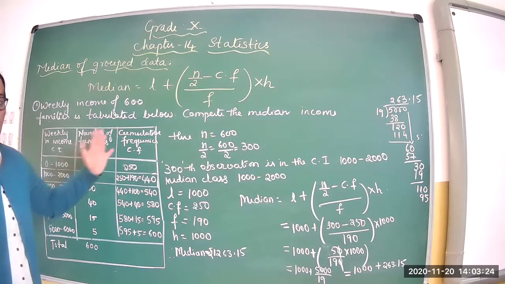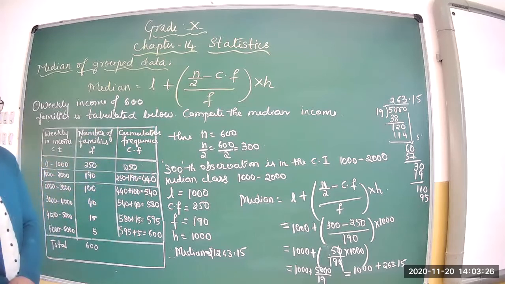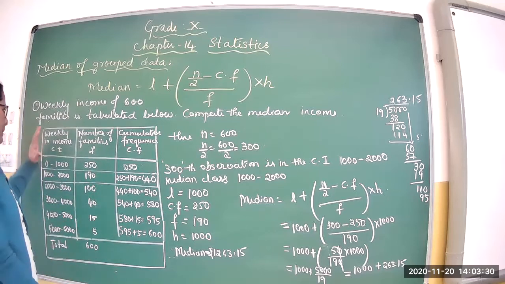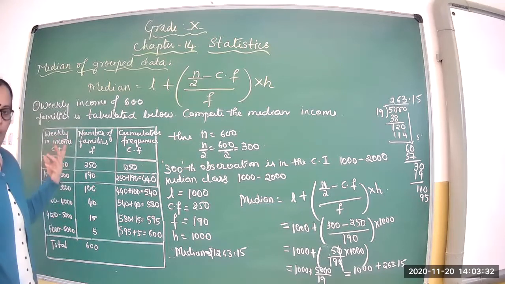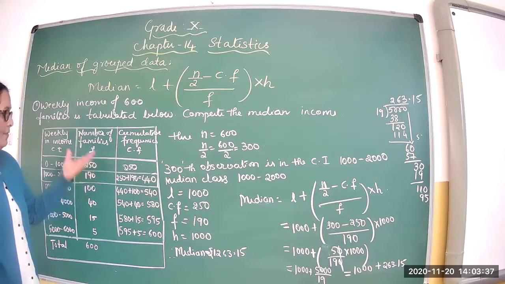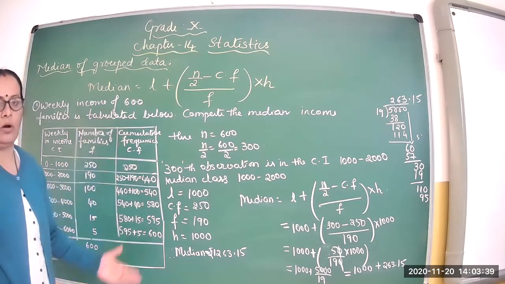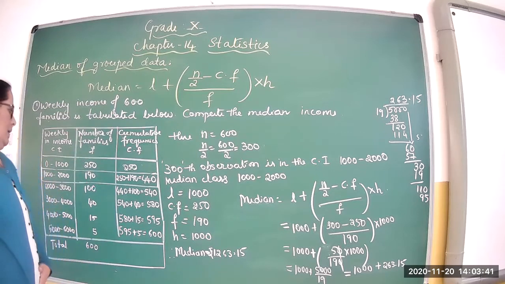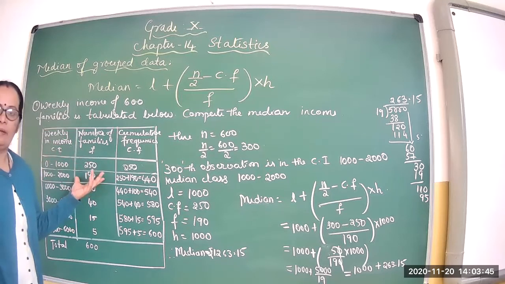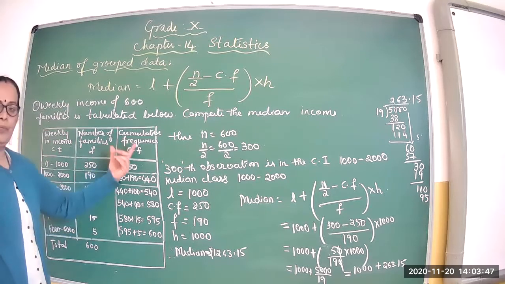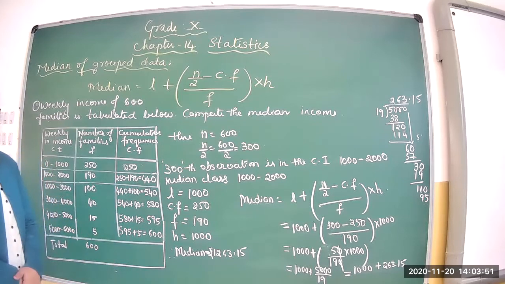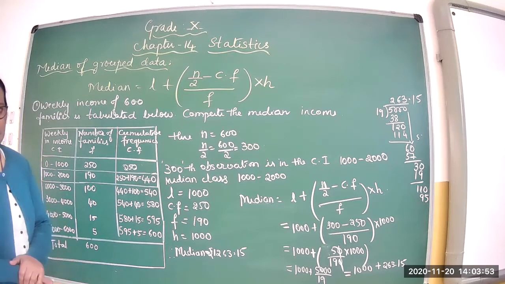At first, what we have to do? First, draw tabular columns neatly. That is called a cumulative frequency table. In that, in the first column, you have to make entries of class intervals. The second column, frequencies. And the third column is for cumulative frequency. The class intervals and frequencies will be given. So you need to find the cumulative frequency of the respective classes by adding the frequencies.